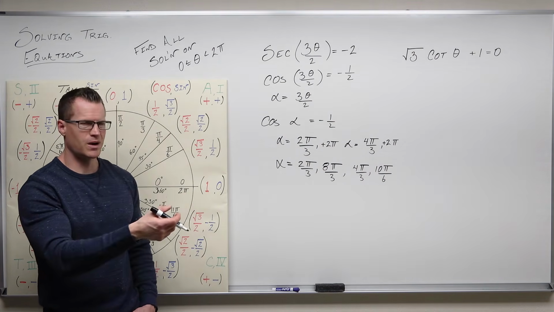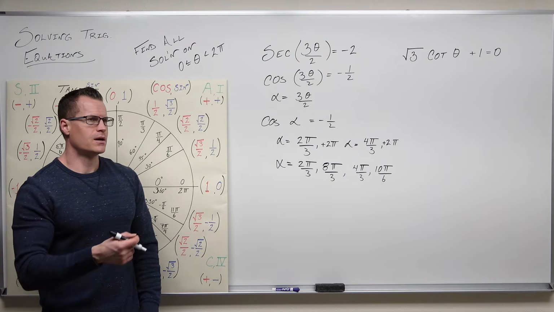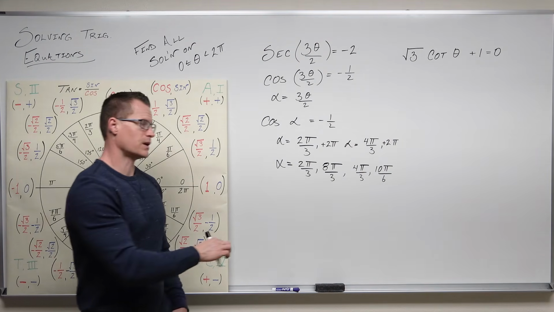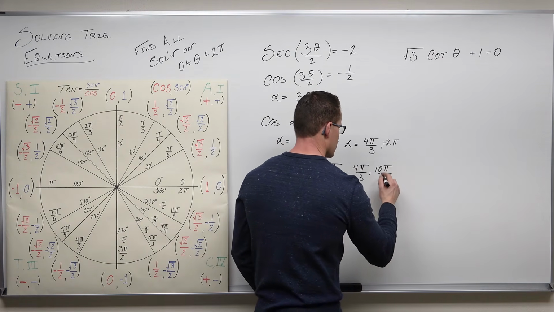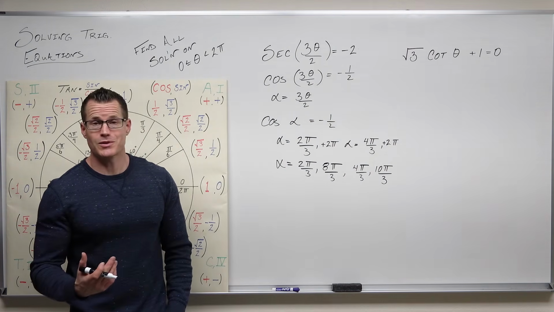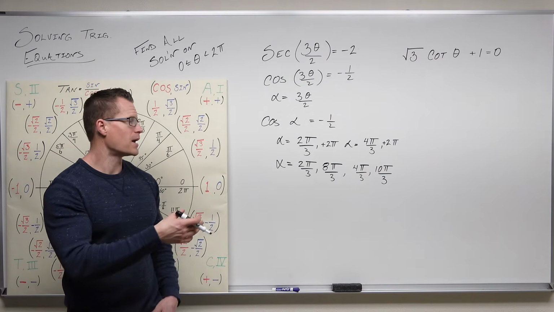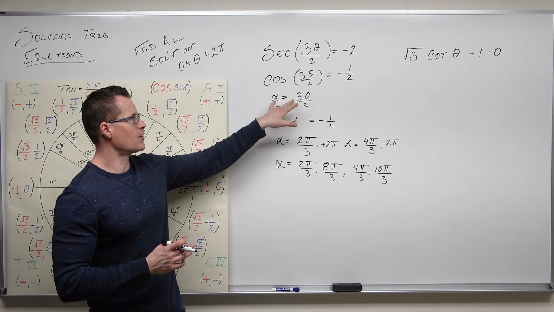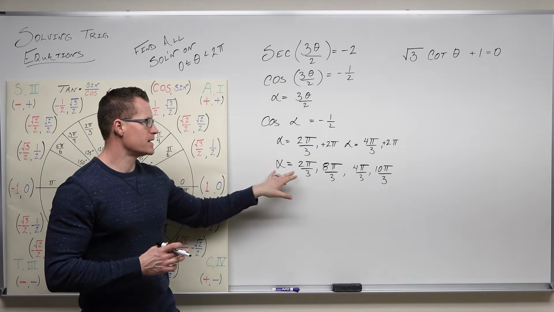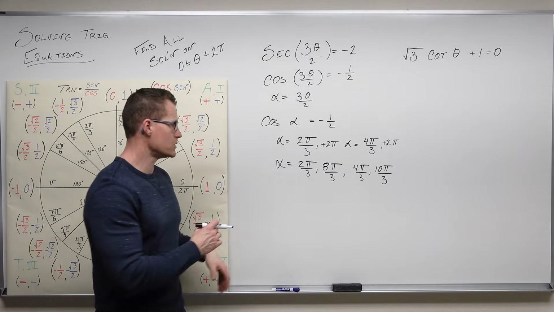If I add that 2 pi, that's like 6 pi over 3 plus 4 pi over 3, it's 10 pi, well, not over 6, 10 pi over 3. Now, some of those are obviously more than 0 to 2 pi, but we haven't substituted back yet. So we're going to say, hey, because alpha is 3 theta over 2, these are all equal to 3 theta over 2.